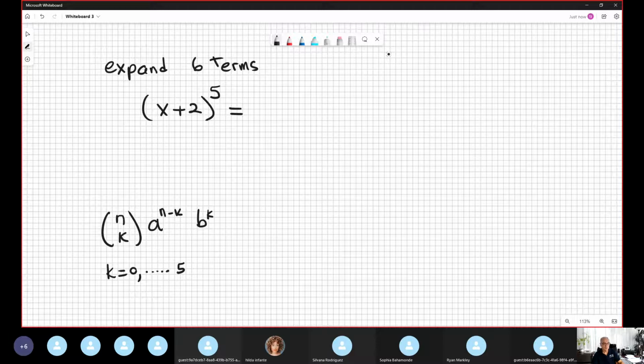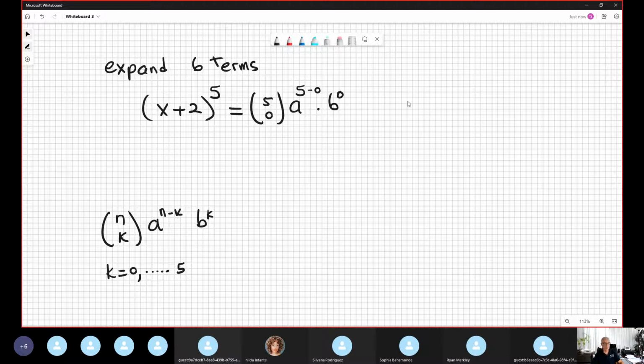So we have the combinatory number 5, 0, because this is for k equals 0, a to the 5 minus 0 times b to the 0. This is my first example. So I leave it in detail, step by step.